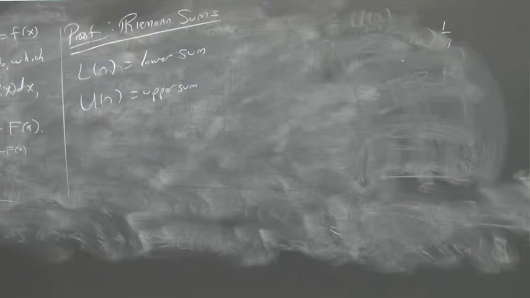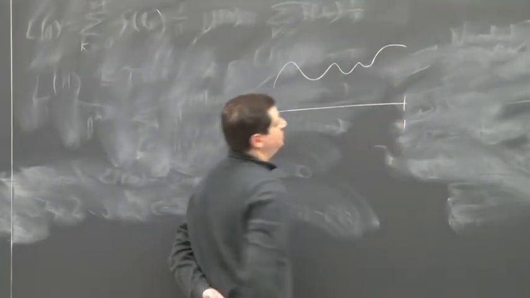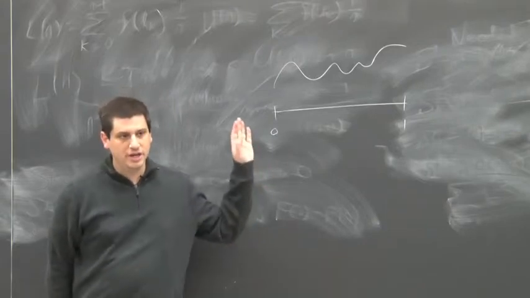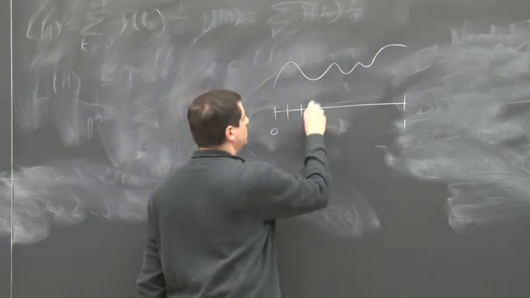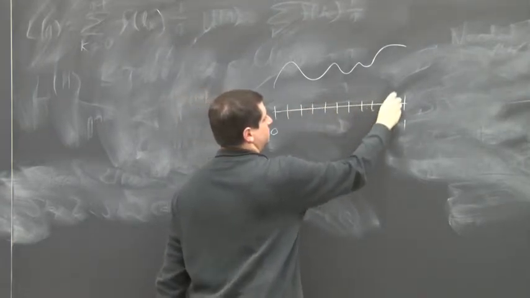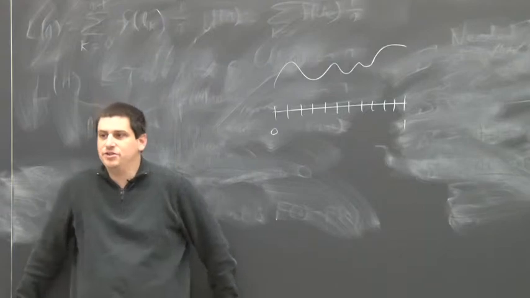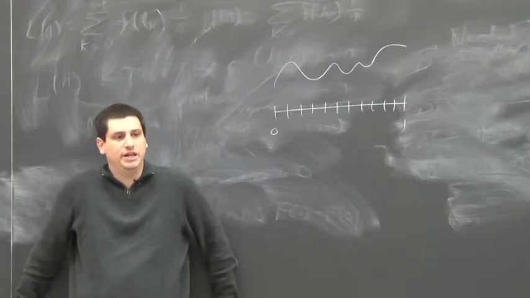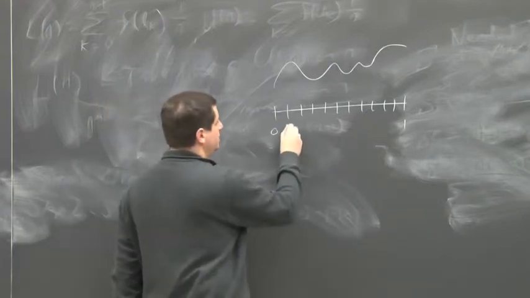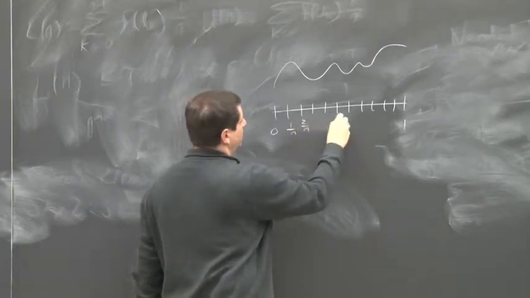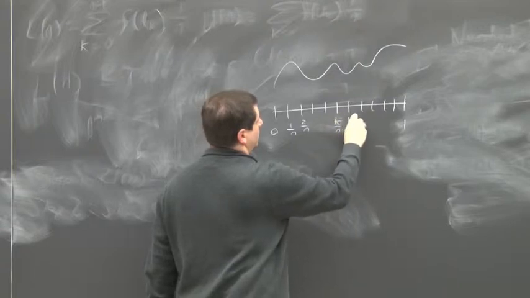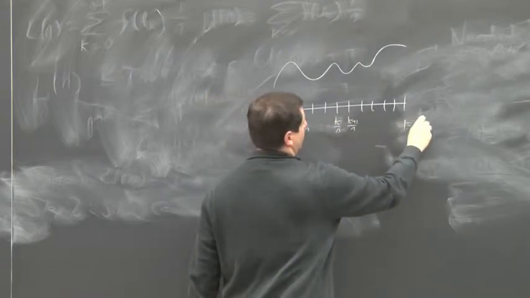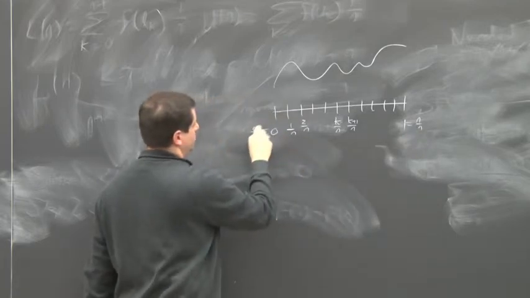So over here, here's my interval 0, 1. Here's my function. And I'm going to divide my interval up into equal-sized pieces. You don't have to do that, but it makes the theory a little bit easier if all the pieces are equal. So this is 0, 1 over n, 2 over n, k over n, k plus 1 over n, and 1 is just n over n, 0 is just 0 over n.